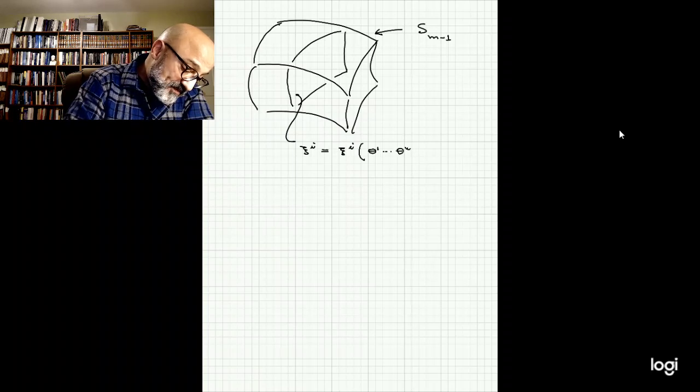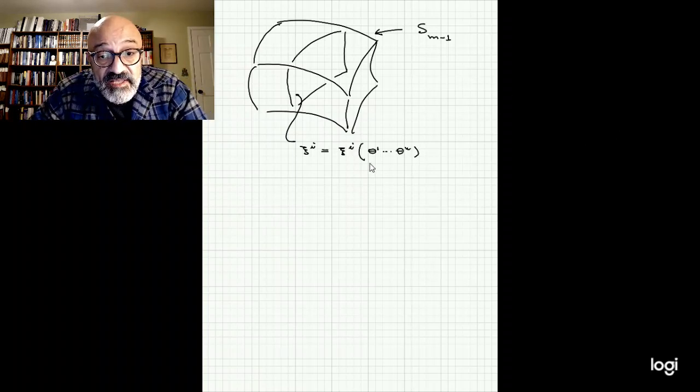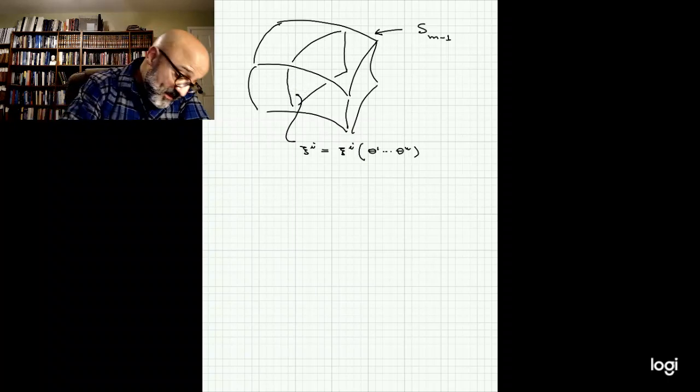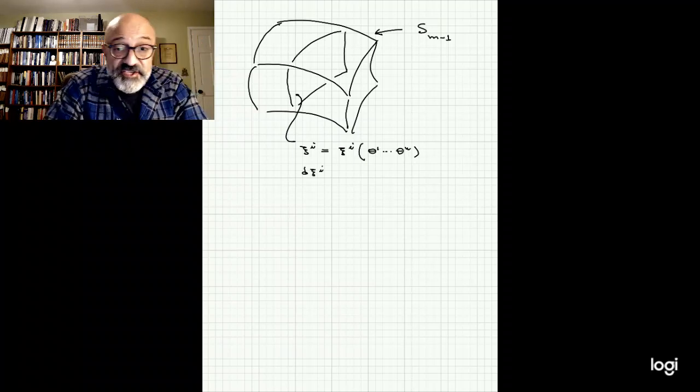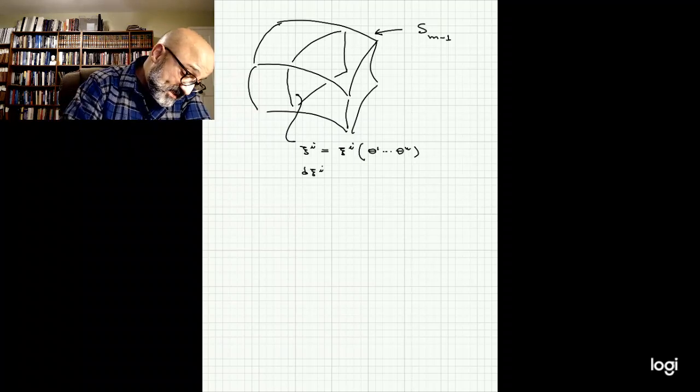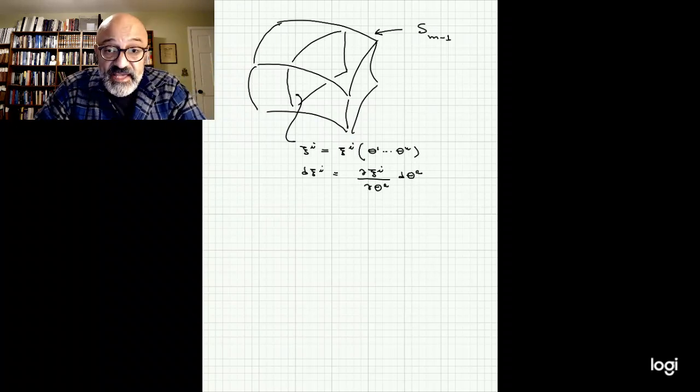So there is an equation here that says for every value of these thetas, I select a point in this submanifold. If you do that, then the change in one of these x's is going to be given by the derivative of xi with respect to the thetas, and now here you multiply by the d theta a.